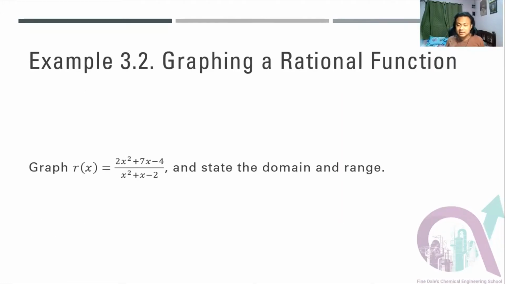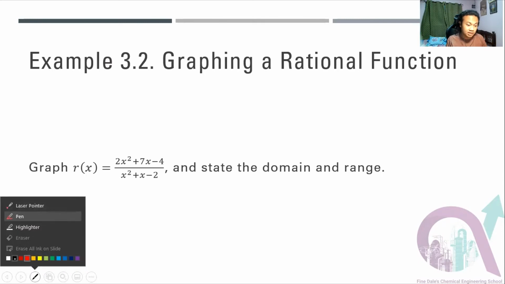So, now let's go to the second example where we graph rational functions. In your module, this is example 3.2, so I'm writing the same thing. First thing you want to do, I've listed the steps above, is we have to factor our rational function. So let us do that right now.